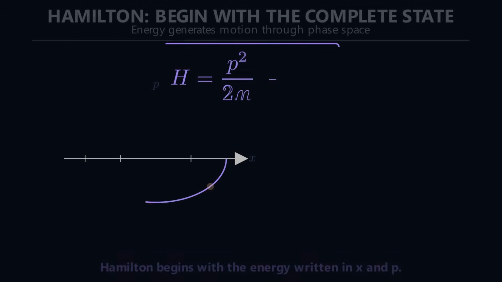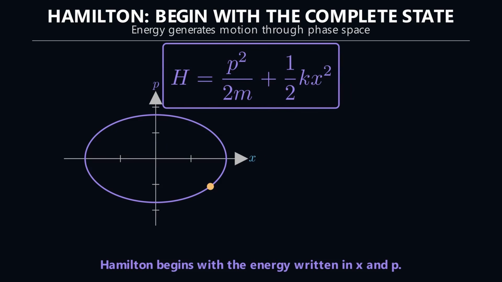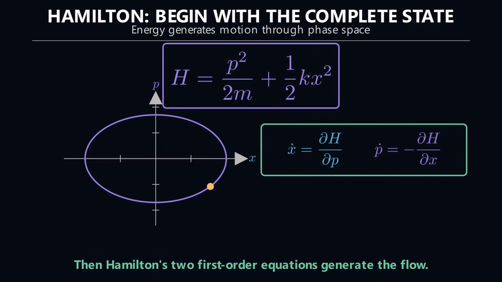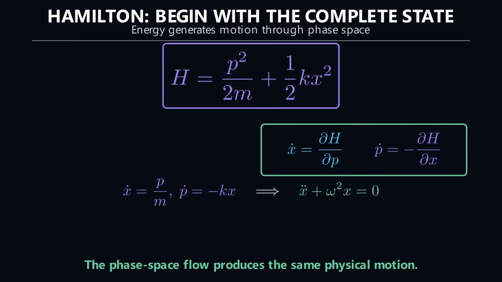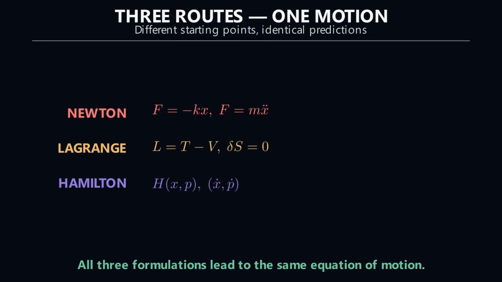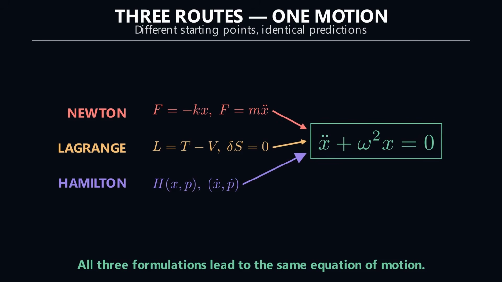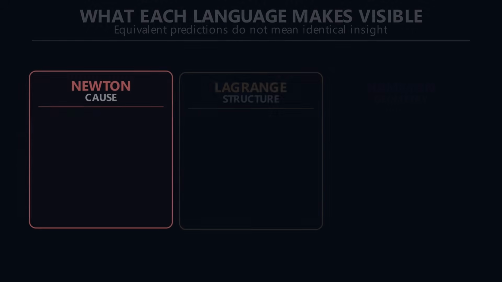Hamilton begins with the Hamiltonian, which is the sum of potential plus kinetic, and applies Hamilton's equations. And all three lead to the same ordinary differential equation, x double dot plus omega squared x equals 0.